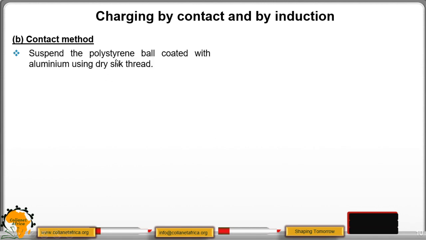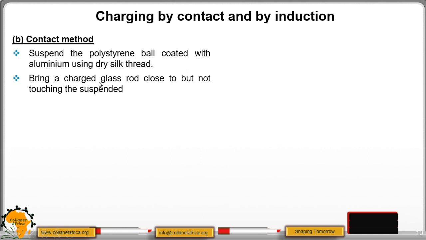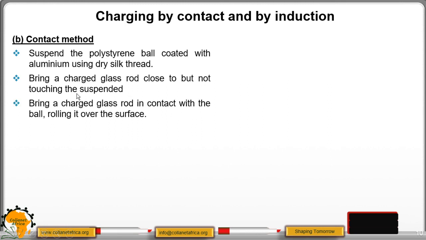And here again we are going to suspend a polystyrene ball coated with aluminium using a dry silk string or thread. Then bring a charged glass rod, here we are using the glass rod, close to but not touching the suspended ball. Bring a charged glass rod in contact with the ball, rolling it over and over again on the surface.